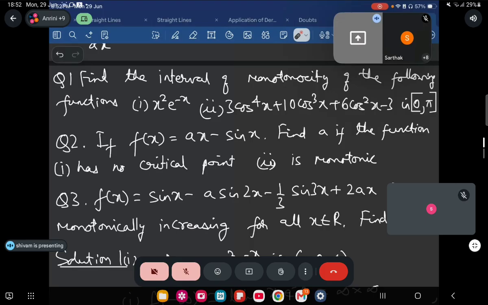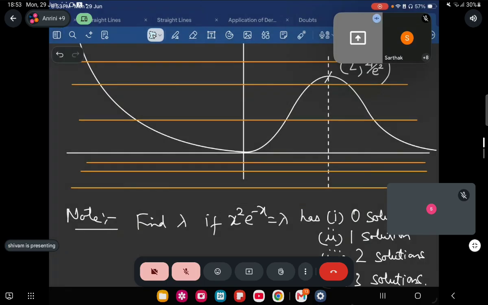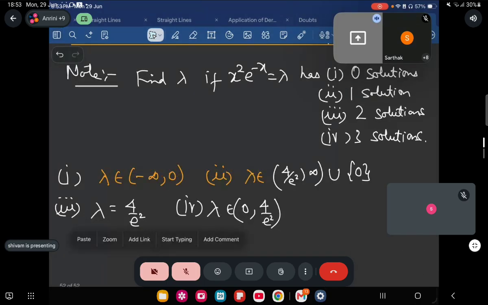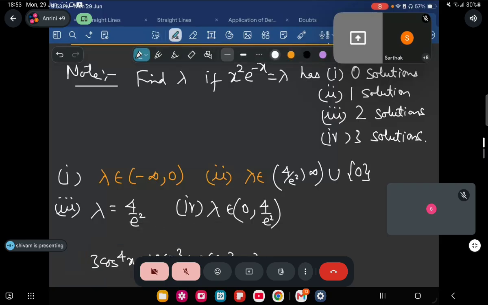Okay, let us start part 2. Okay, everyone, in part 2, again I have to differentiate. We'll get a trigonometric equation. Everyone pay attention.